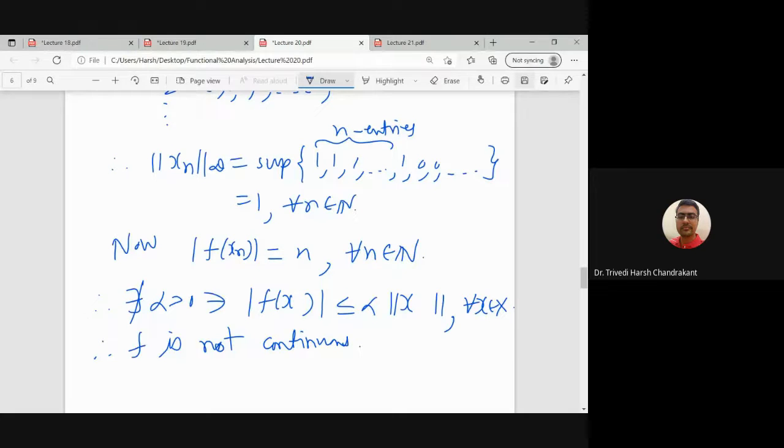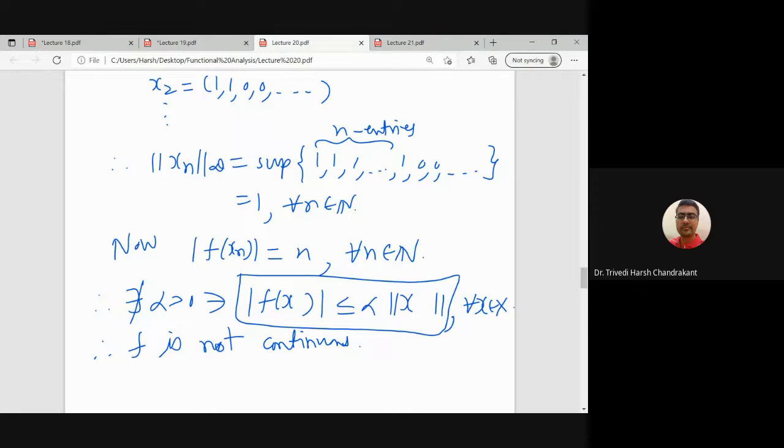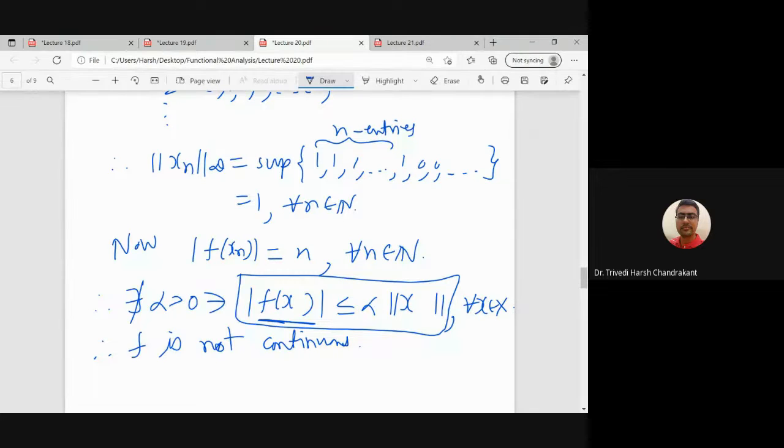In this inequality, why am I taking modulus and not norm? Why am I taking mod of f of x, not norm of f of x?